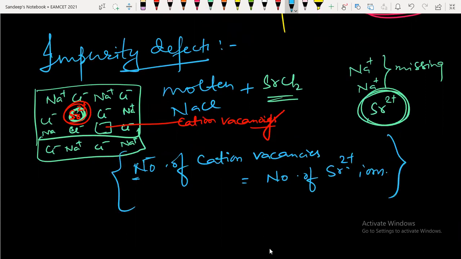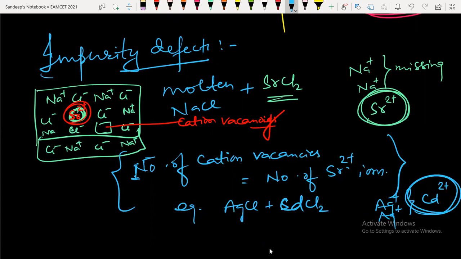Very, very important. A similar example is AgCl when it is doped with cadmium chloride. Some of the Ag plus ions are missing, and these are compensated by cadmium 2 plus ions. So this is all about impurity defect.